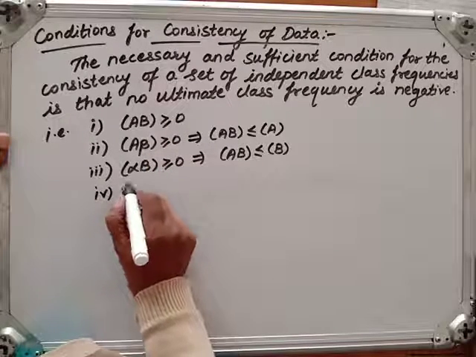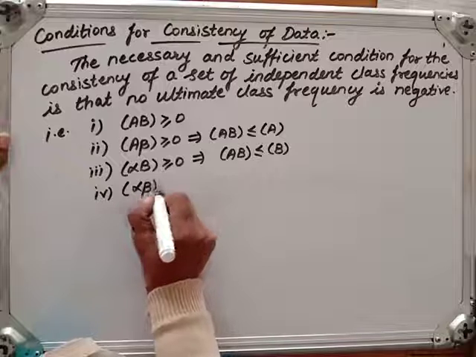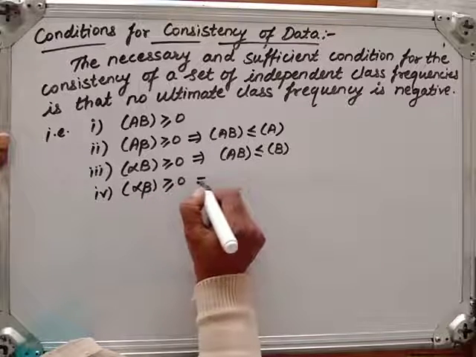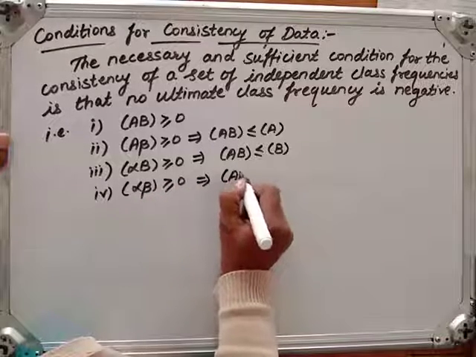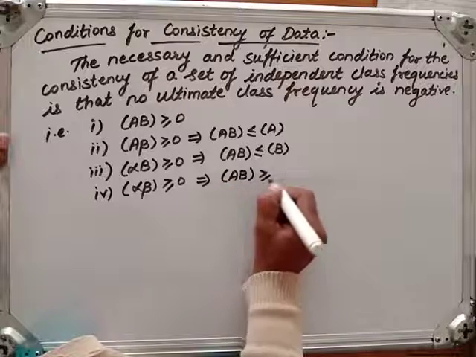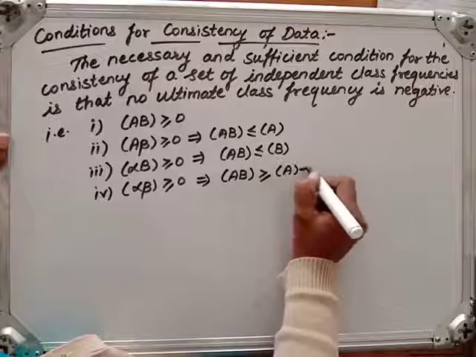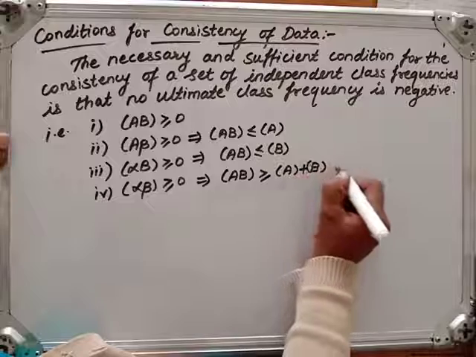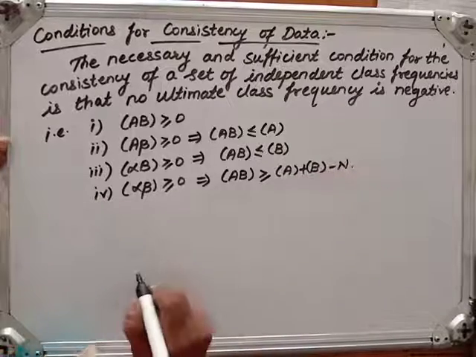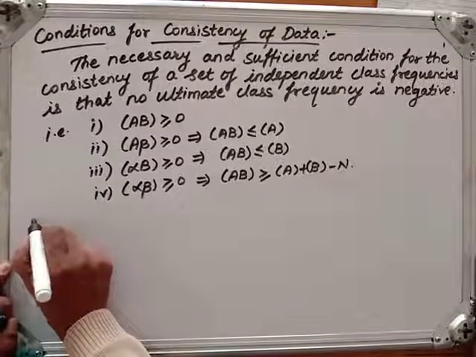Positive or 0. So alpha beta is also greater equal 0. What does this say? AB greater equal A plus B minus N.